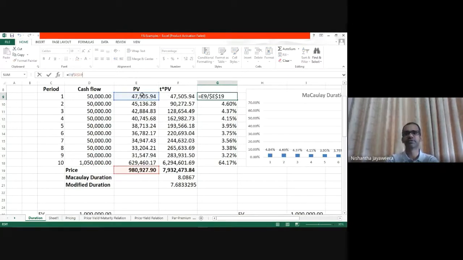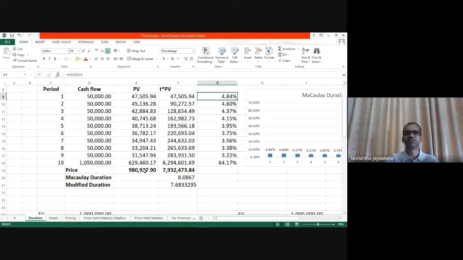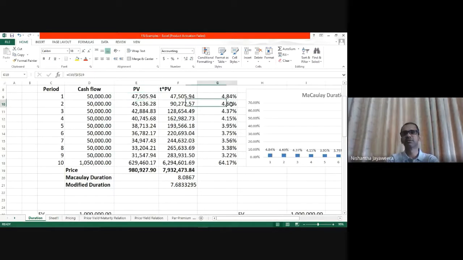So the present value as a percentage of the price: 4.84% is contributed from the first cash flow. The second cash flow only 4.6. You can see with time the contribution decreases but suddenly increases at the maturity.